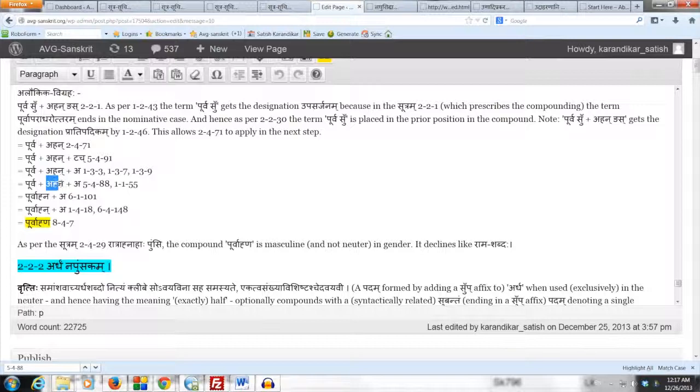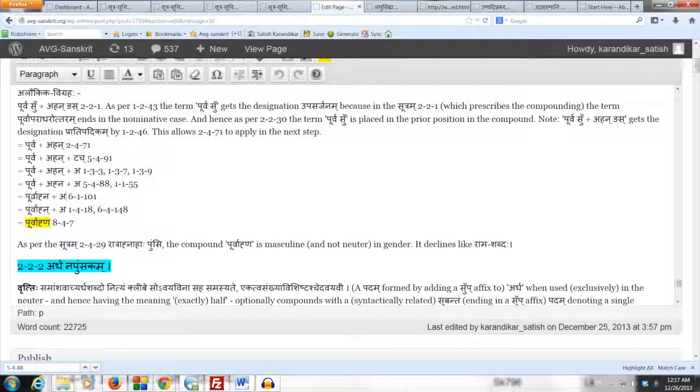And as per 1.1.55 anekal shit sarvasya, the entire term ahan is replaced by ahna, because ahna is a substitute which has more than one letter. So now we have purva ahna a. Now we apply akah savarne dirghaha to get purvahna a.